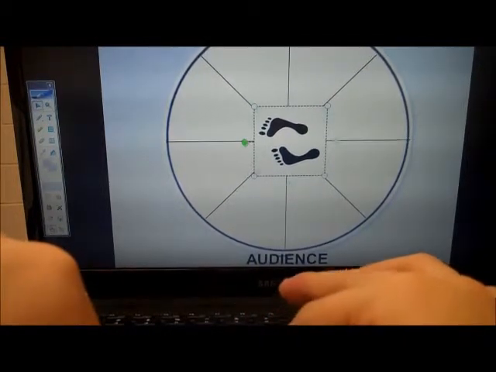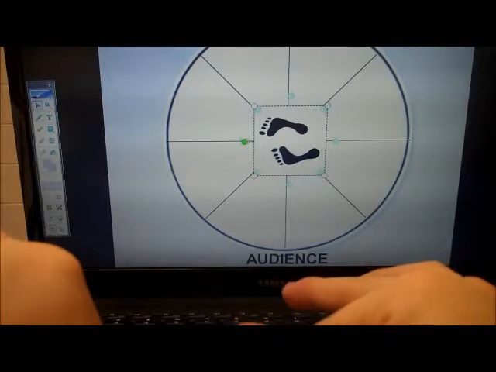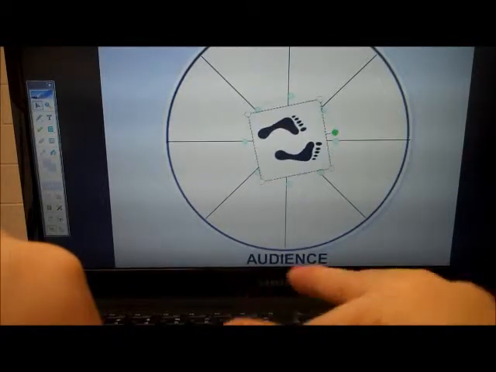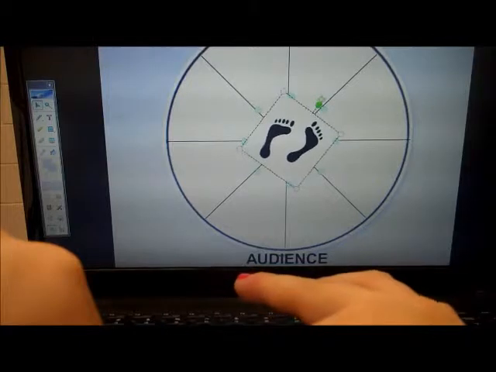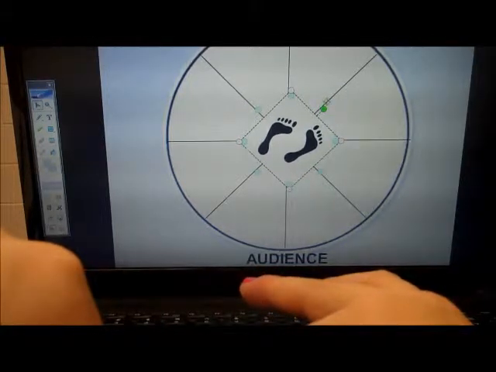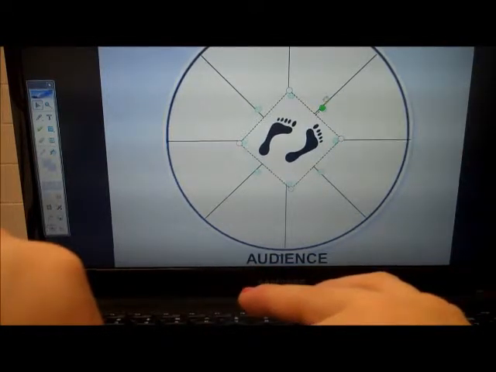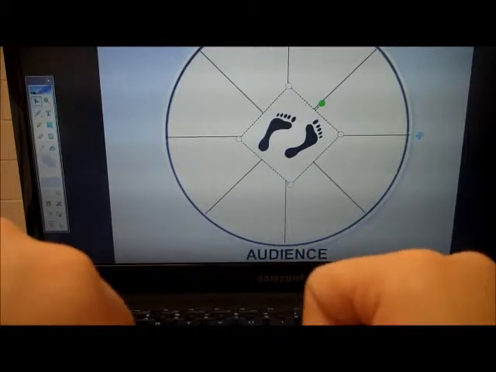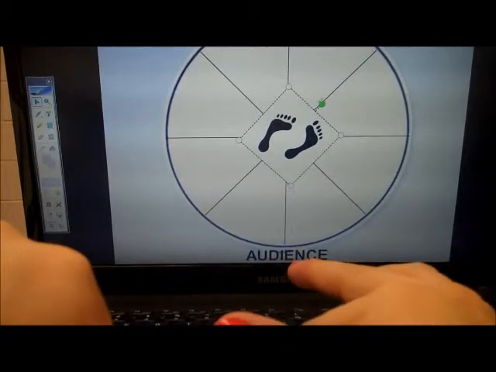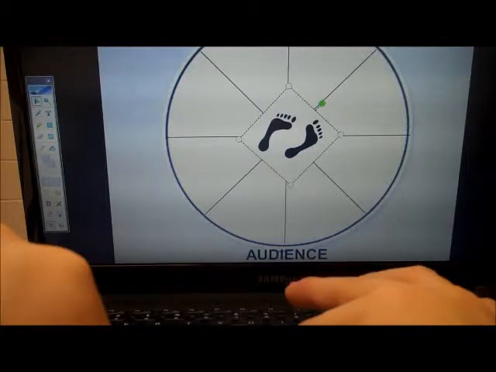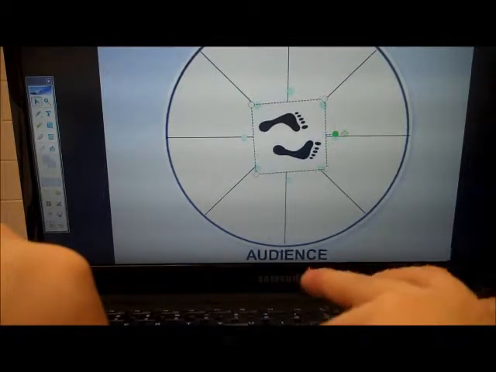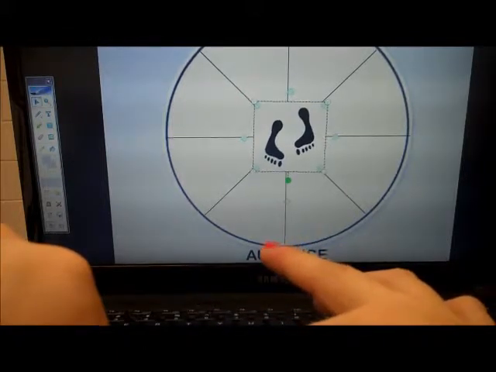So 3/4 we know is going to be up here, and this would be the left, this would be the right. So we know that we want to go to the left side of the stage at 3/4 position, so that it would end up being there. Maybe another position would be full front. So full front would be actually front facing the audience, which is right where we started from.